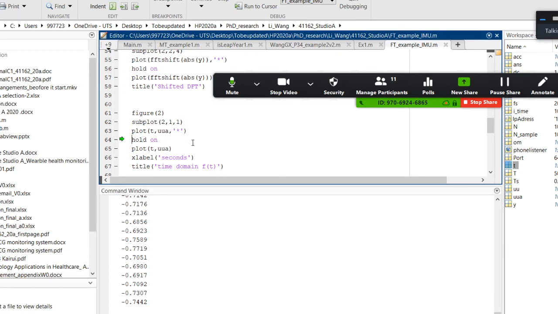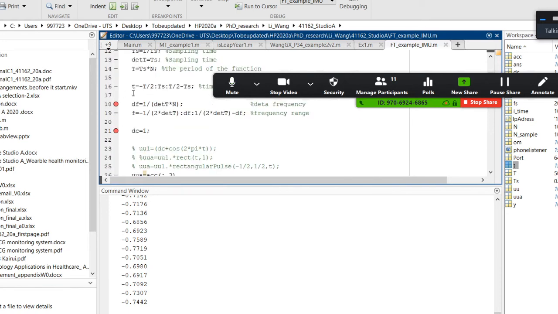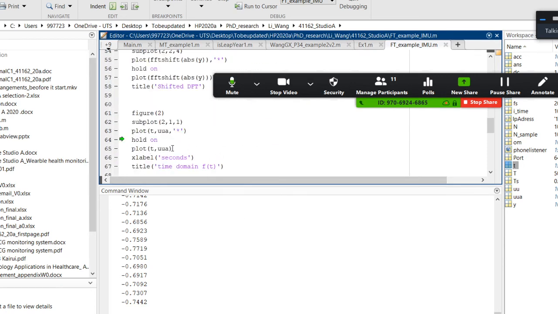For the first figure we just draw the time domain, because I give time information. You remember we constructed the t here as time information, and if we want to access the axis we have a calculated value.